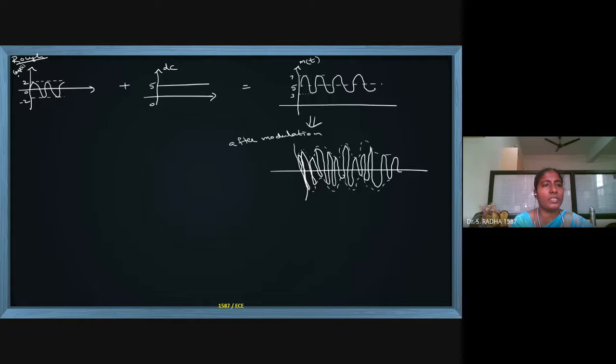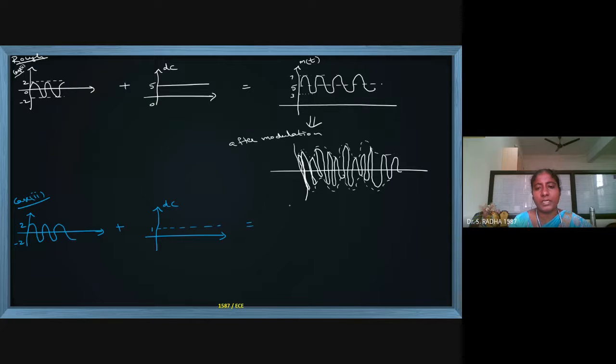Now I will go with another case, case 2. I have the same sine wave, +2, -2, and then let this be added with a DC signal of 1.